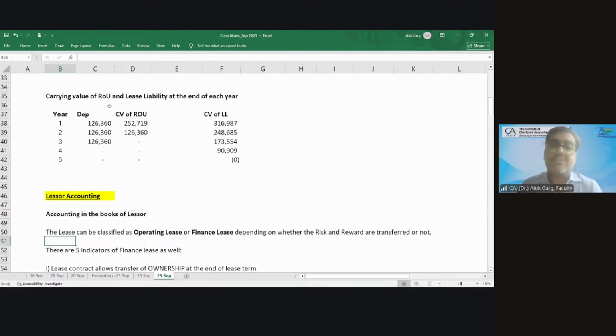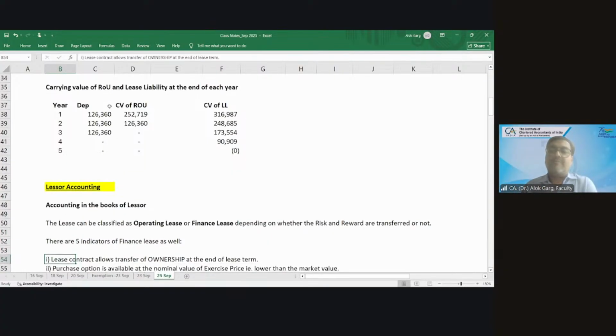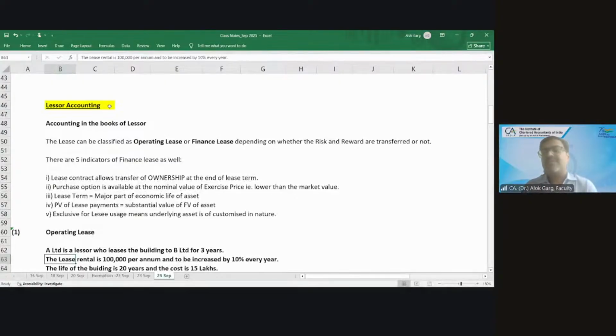So friends, today we discussed lessor accounting, and what we understood is that the lessor will have an operating lease or finance lease, depending on the risk and reward, whether it is transferred or not transferred. There are some indicators of a finance lease as well. If the lease contract allows a transfer of ownership at the end of the lease term, it is one indicator.